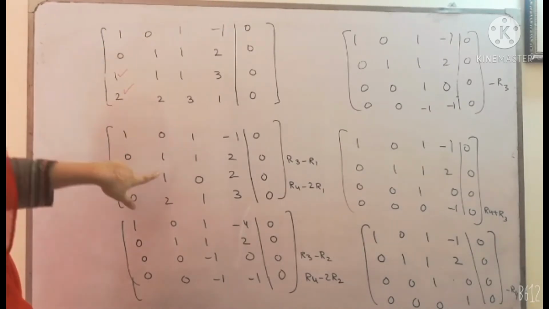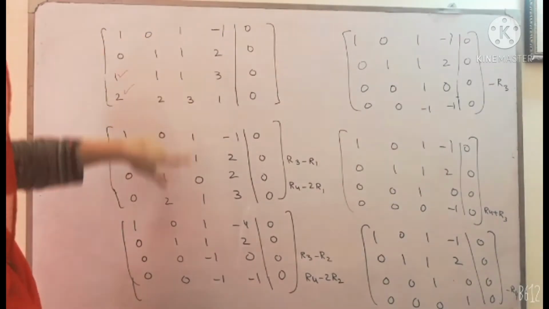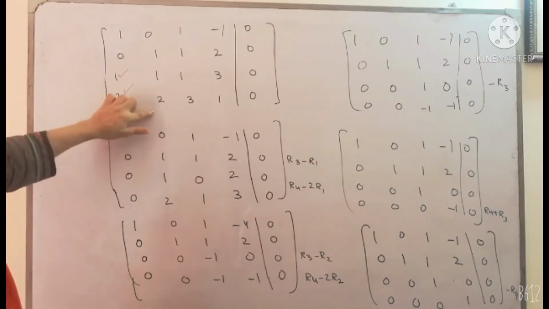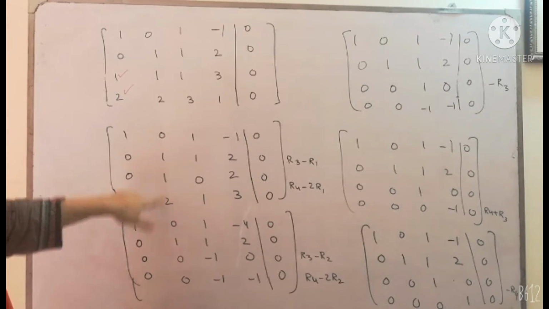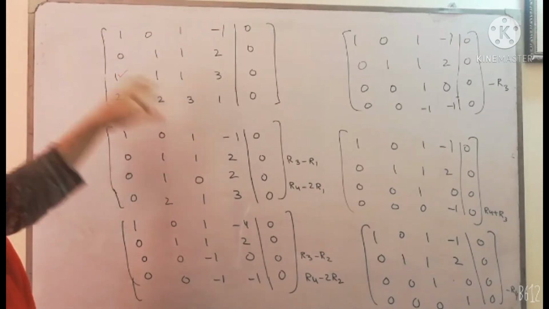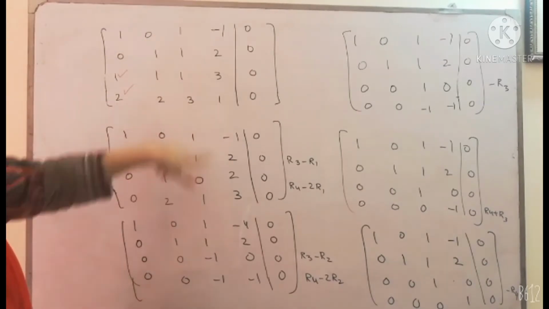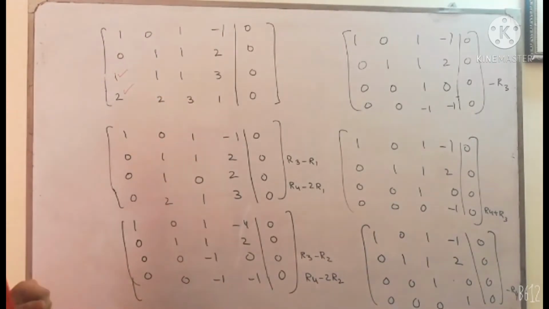Then 1 minus 0 is equal to 1, 1 minus 1 is equal to 0, 3 minus 1 is equal to 2, then 2 minus 0 is equal to 2, 3 minus 2, because we are multiplying this first row with 2. So 3 minus 2 is equal to 1, 1 plus 2 is equal to 3.